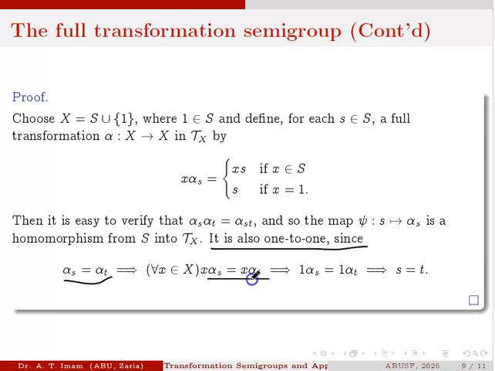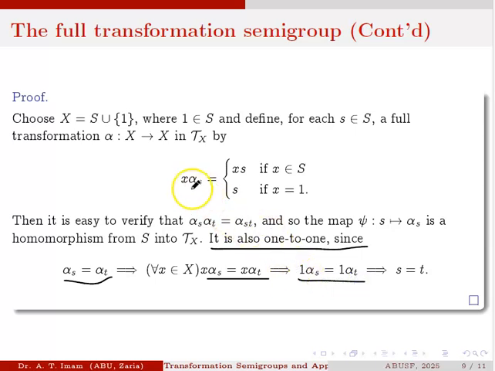So if alpha_s acts on x, it will be the same as the result of the action of alpha_t on x. And because this holds for all x, and 1 is an element of X, I can choose 1, which means alpha_s acting on 1 will be the same as the result of the action of alpha_t on 1. So this is also true.